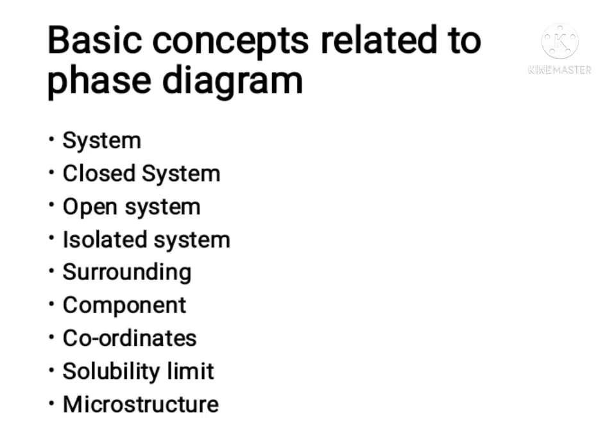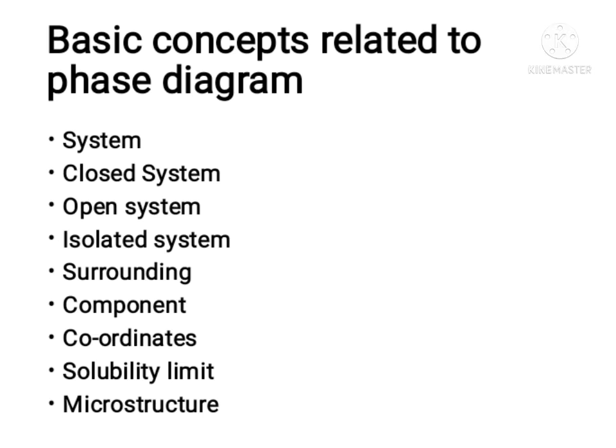from its surrounding. System may be closed, which exchange energy but not matter with the surrounding. Second type of system is open system. Open system exchange matter and energy with its surrounding. Third type is isolated system.